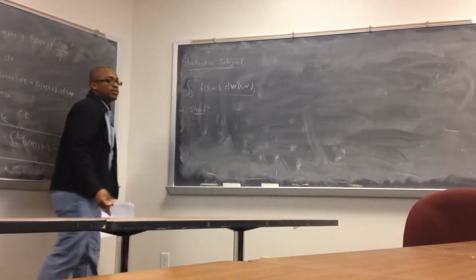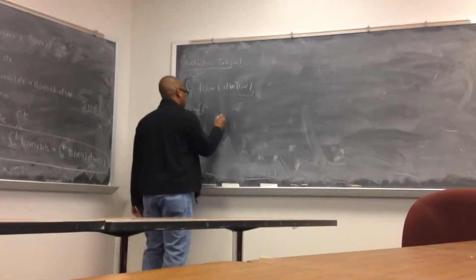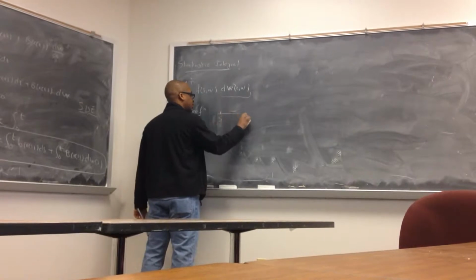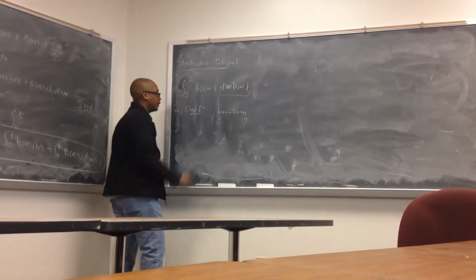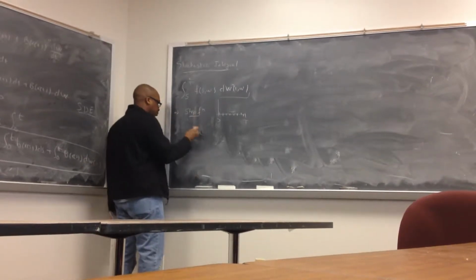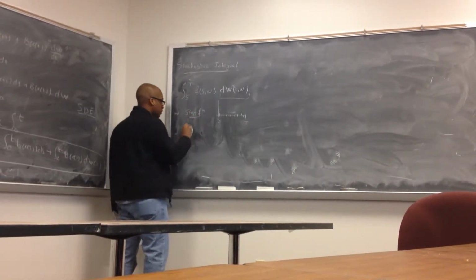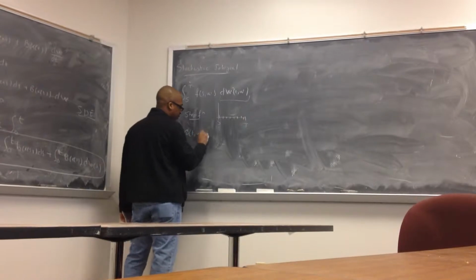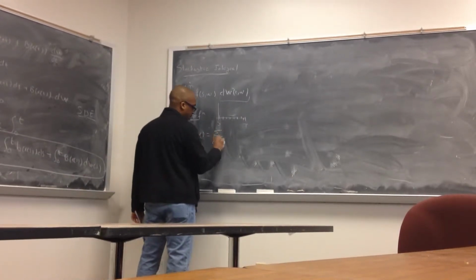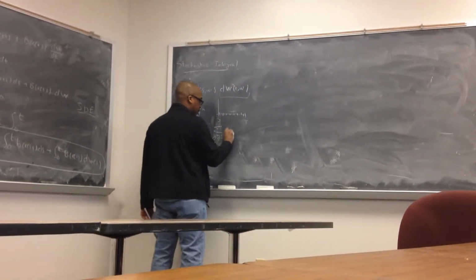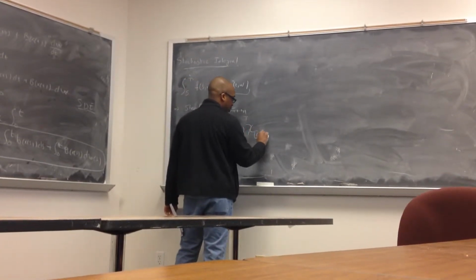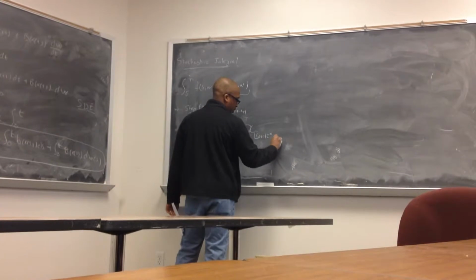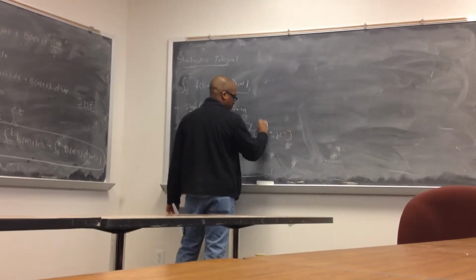I take an interval s to t, so you're going to have an interval s to t, right? You're going to take a partition, right? So one thing you can do, if you start with a step function, you can define this step function, with some coefficient, on each small interval t_j to t_{j+1}.